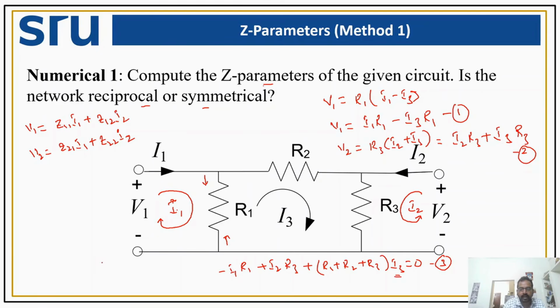How could we write I3? We can write I3 equal to (I1 R1 plus I2 R3) divided by (R1 plus R2 plus R3). Now we should substitute this I3 in the first and second equations.